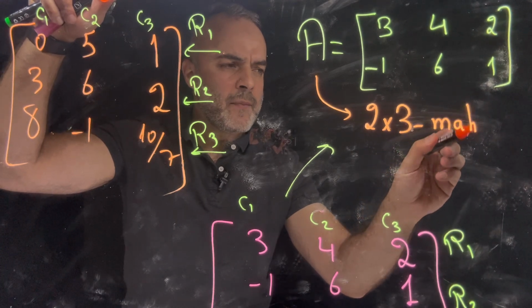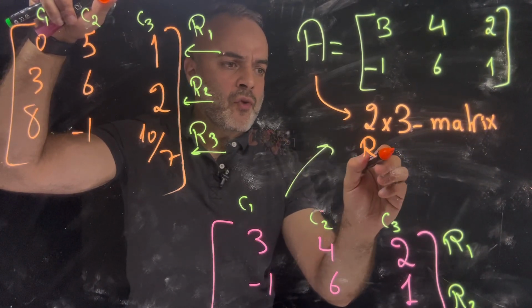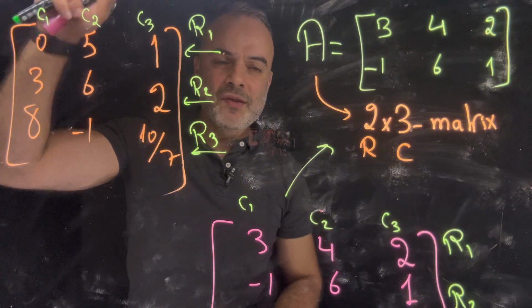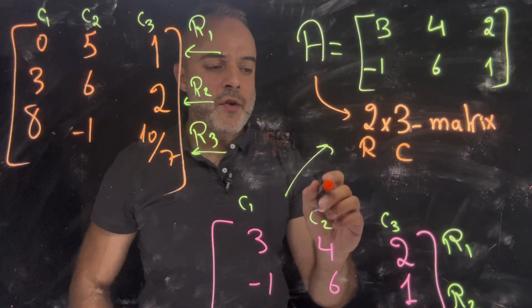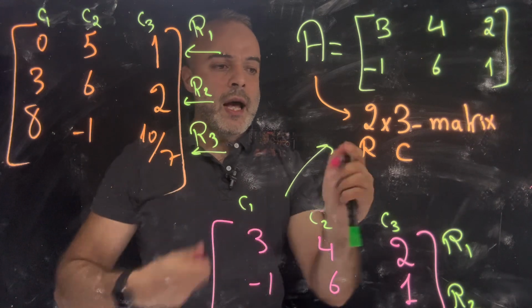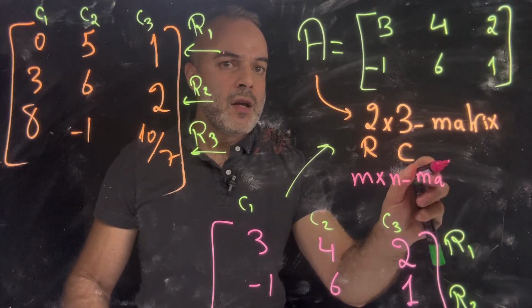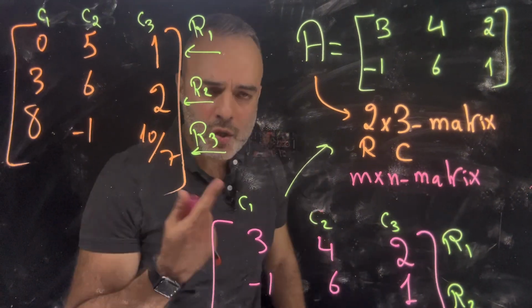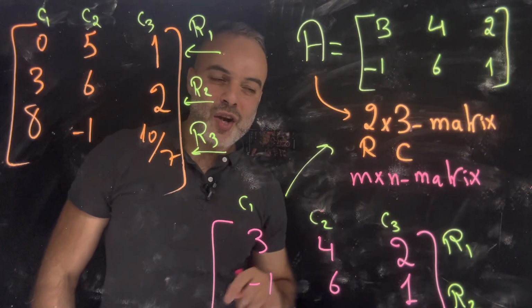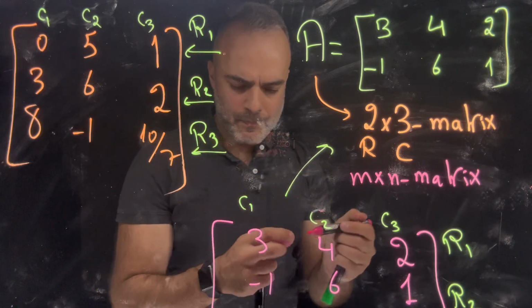What does this mean? It's a matrix which contains 2 rows and 3 columns. So whenever you see an M by N matrix, they're telling you we have M rows and N columns. This is how we represent a matrix.